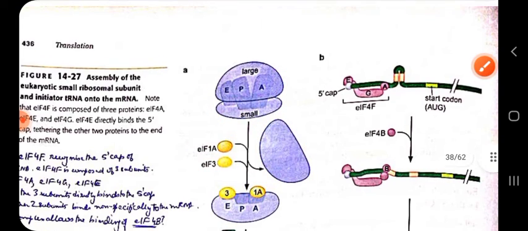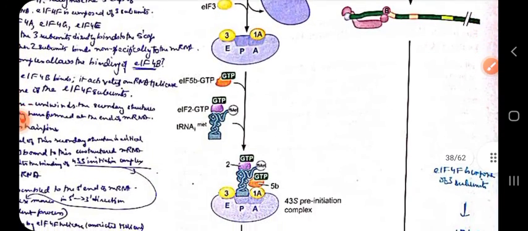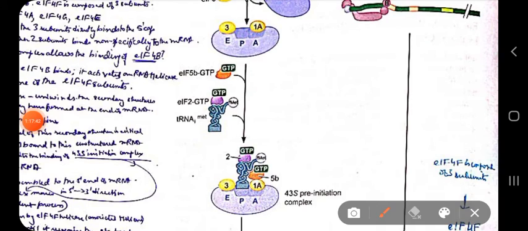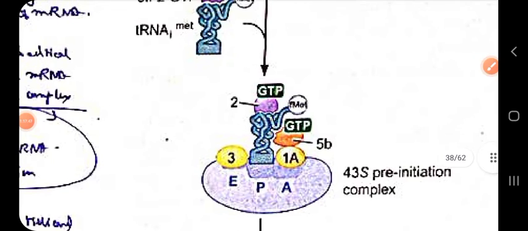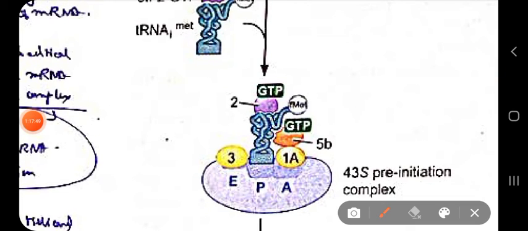And then what happens? Then your EIF5B, if I zoom in, you can see EIF5B associates with EIF1A, and EIF5B with EIF1A is recruiting the initiator tRNA to bind to the P site of the ribosome.